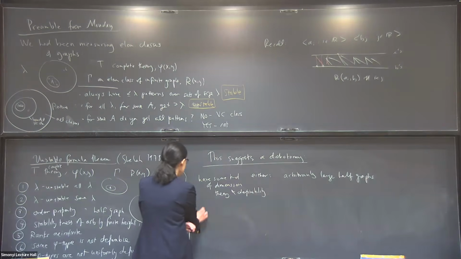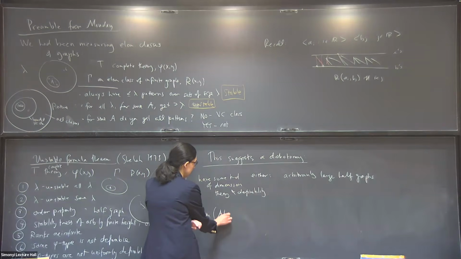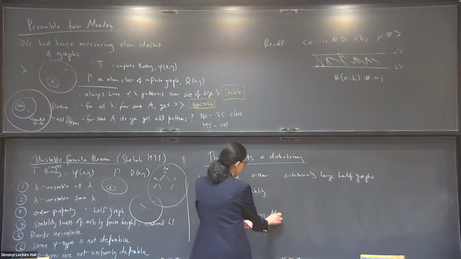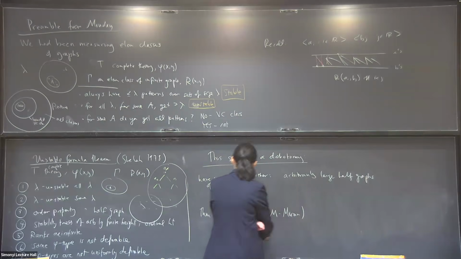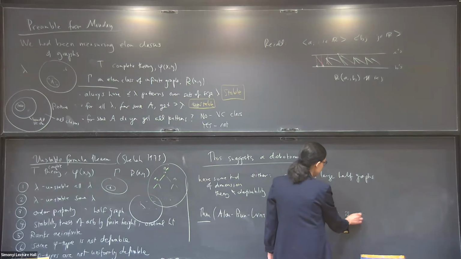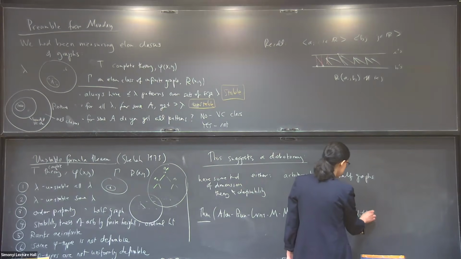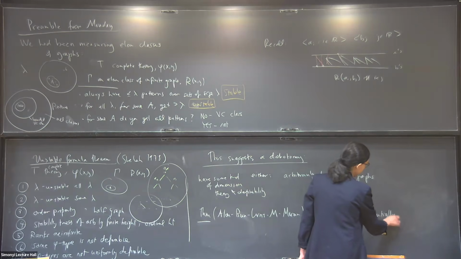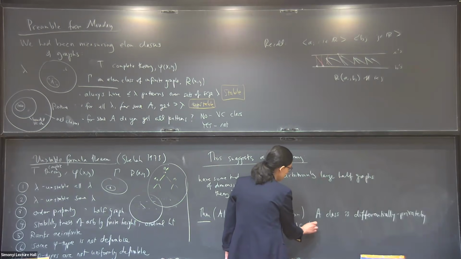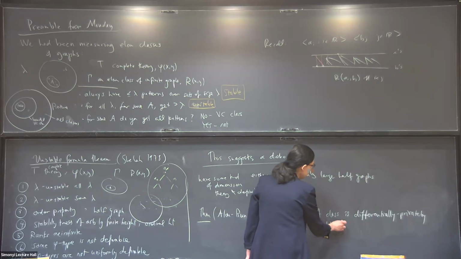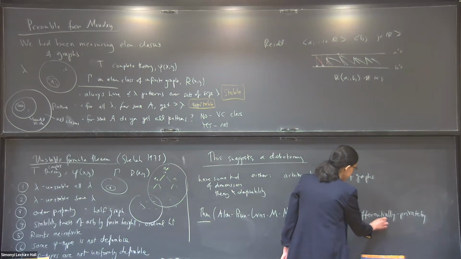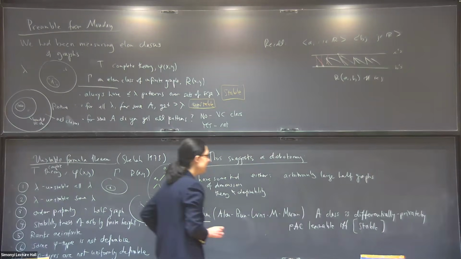So the theorem of Alon, Livni, Malliaris and Moran is that a class is differentially privately, again, approximately differentially privately learnable if and only if it has finite Littlestone dimension, which in my language is stable.